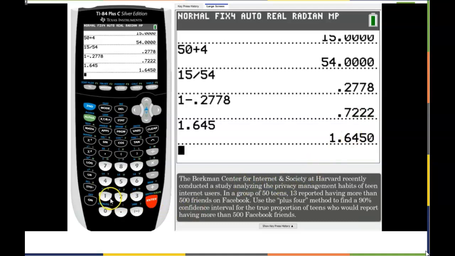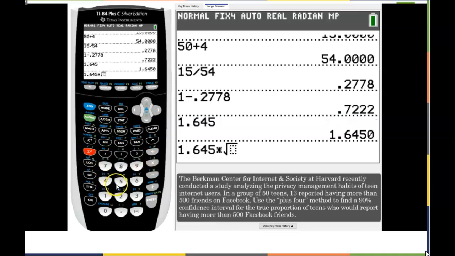My error is going to be my Z, 1.645 times the square root of, now my numerator is going to go all into a parenthesis.